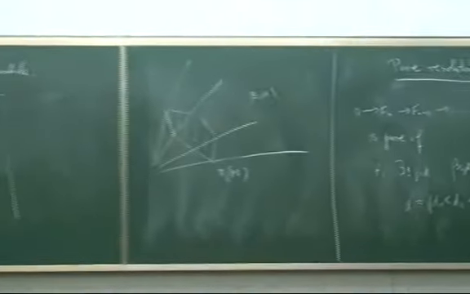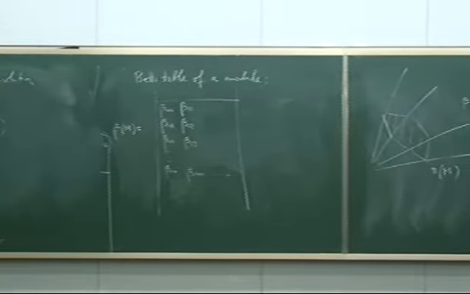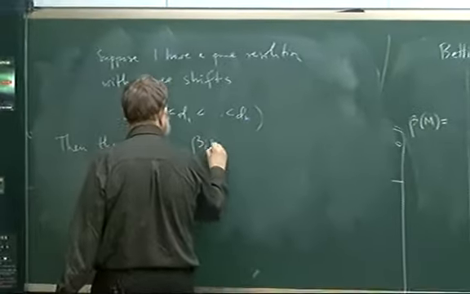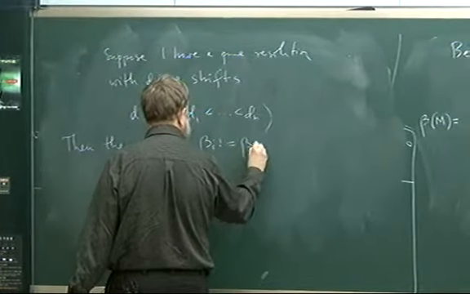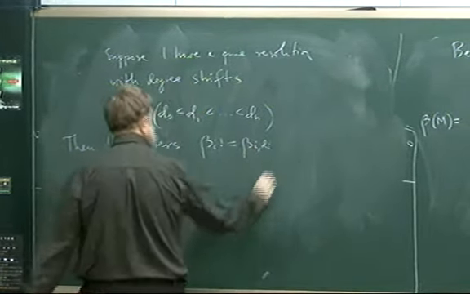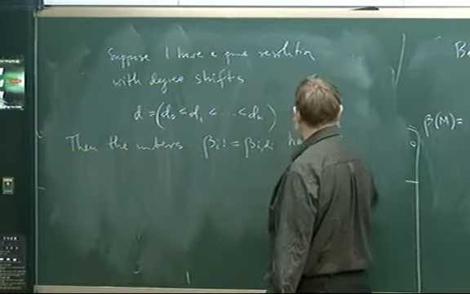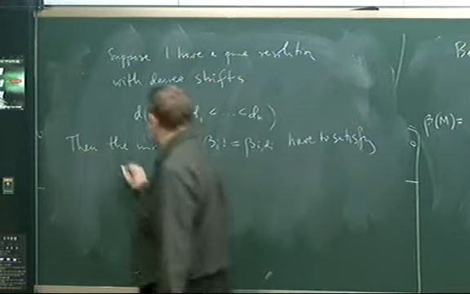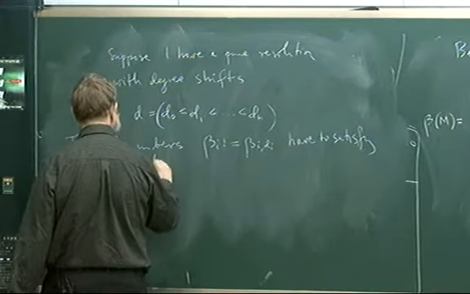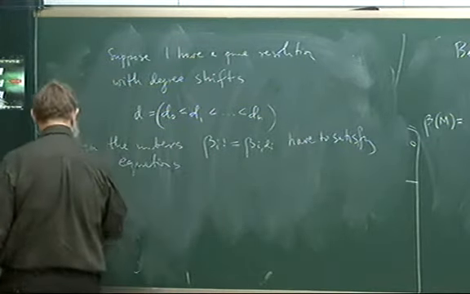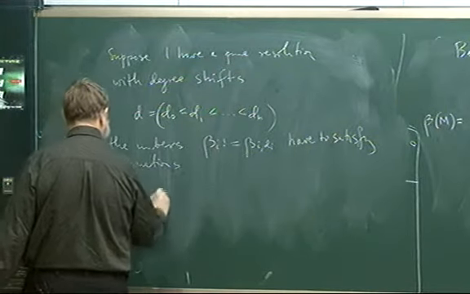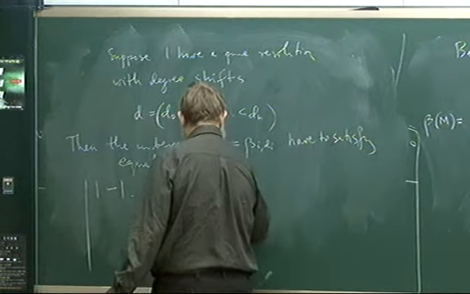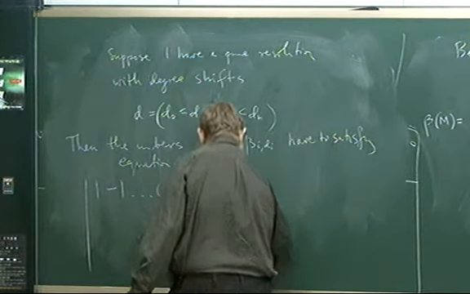So the numbers beta_i, which are those beta_{i,d_i}, have to satisfy a system of equations, which is like this.